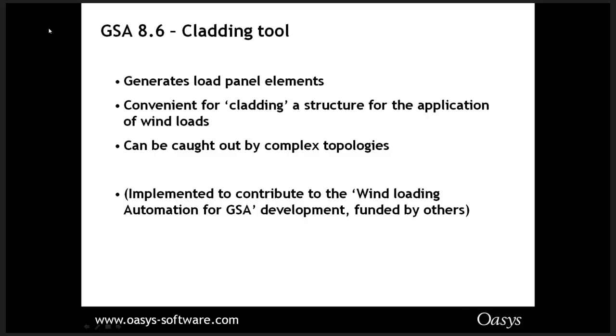You can control things to a certain extent, but there will be times where it just is too complex for it. So use it, but if it's too complex, you will have problems perhaps. And this has really been implemented to work alongside a wind load generator, which is being developed separately and funded externally from GSA.